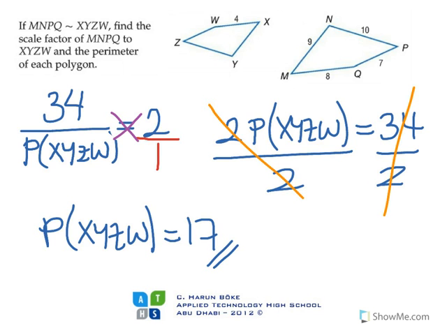So the scale factor actually is one of the ratios in the proportion of sides. So using the scale factor, we can calculate the perimeter of one of the similar polygons.